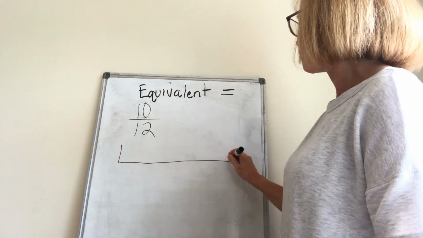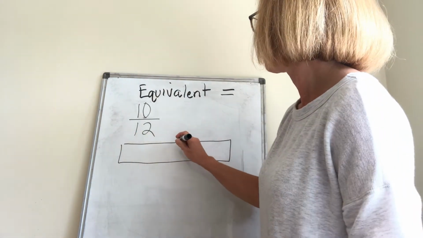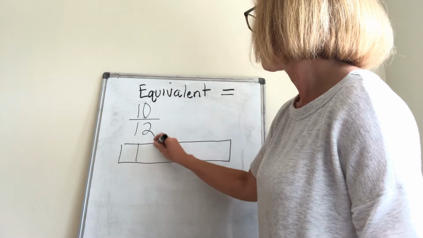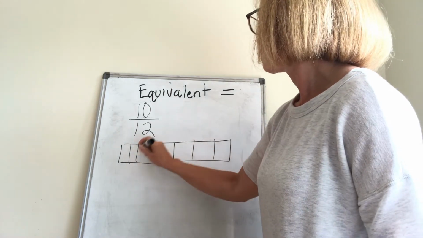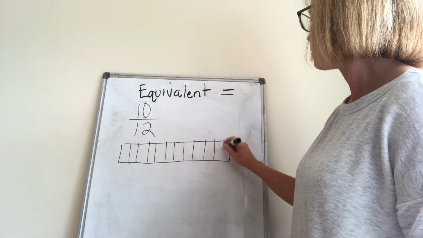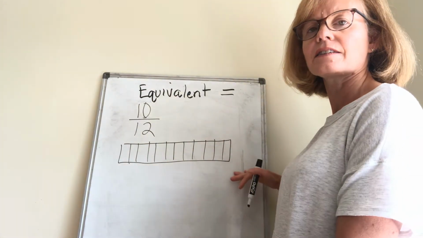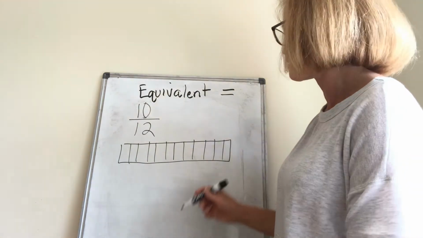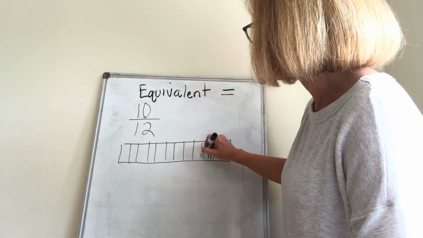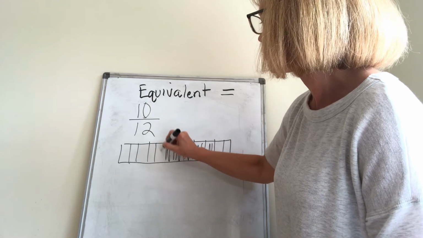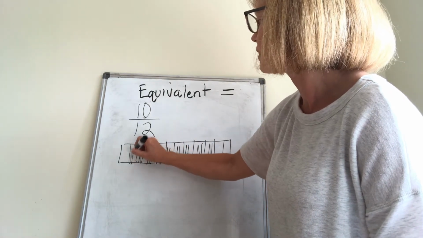I'll draw a model just to show you. So now I've got 12 fairly even pieces here. I've divided this object into 12 even pieces, and again, I wanted to use 10. I used up 10 of these 12 pieces.